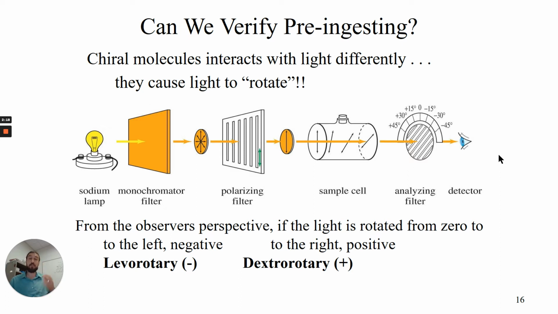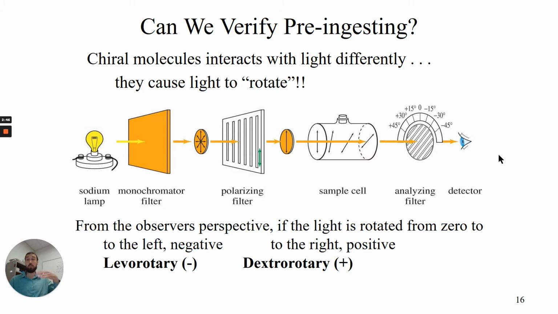If our sample is indeed chiral, what will happen is it'll tick the light, turn it a little bit. The more times we impact chiral molecules, the more it rotates. So at the end of this, we can put another lens where we would look in and rotate that lens until we saw the light.